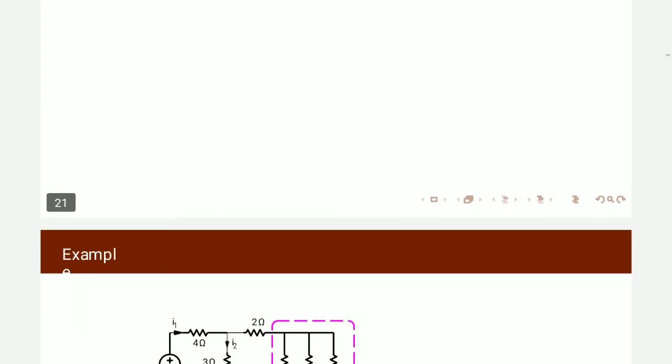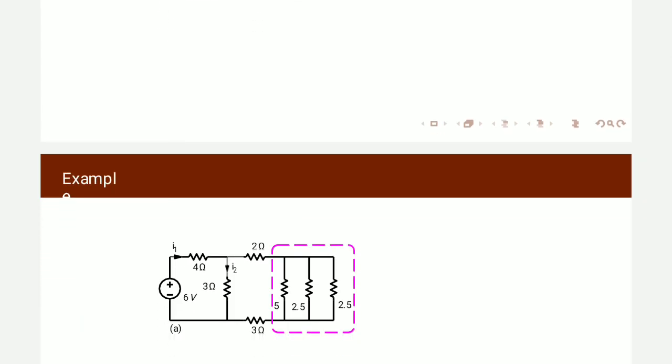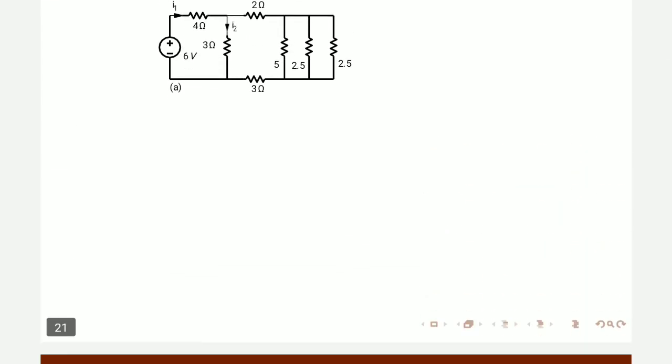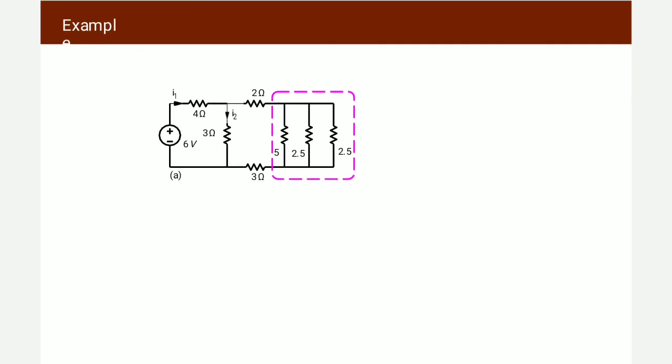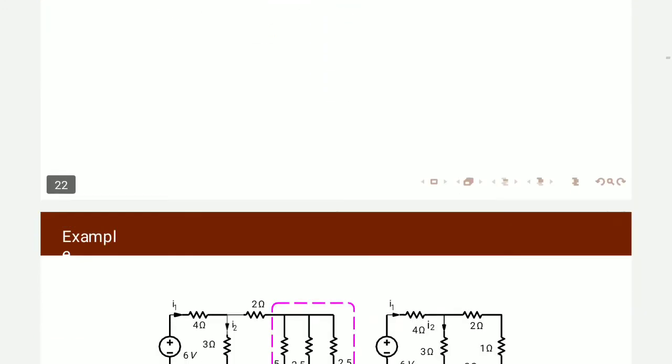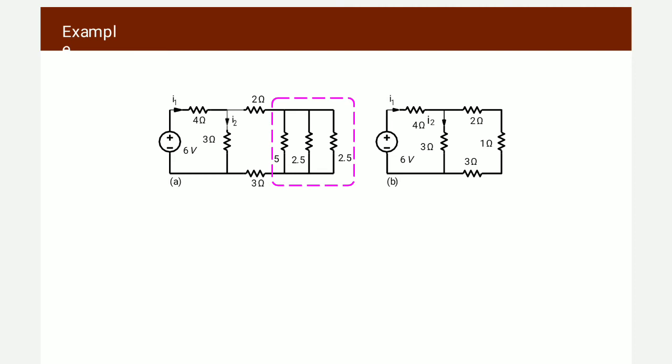Now 5, 2.5 and 2.5 are all in parallel. So how much will this resultant give? This resultant will give 1 ohm.